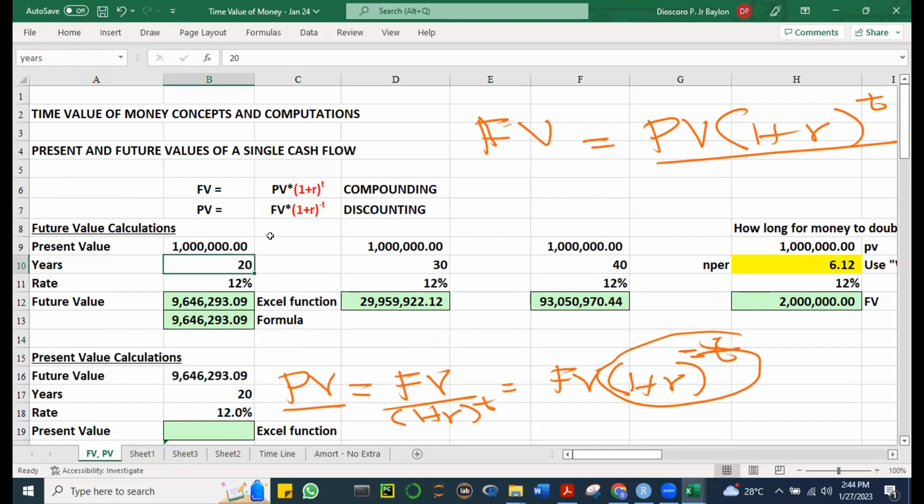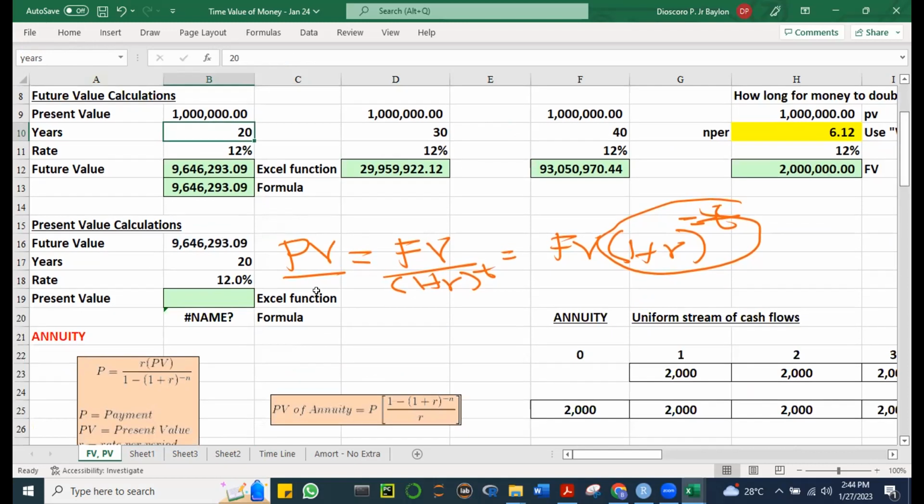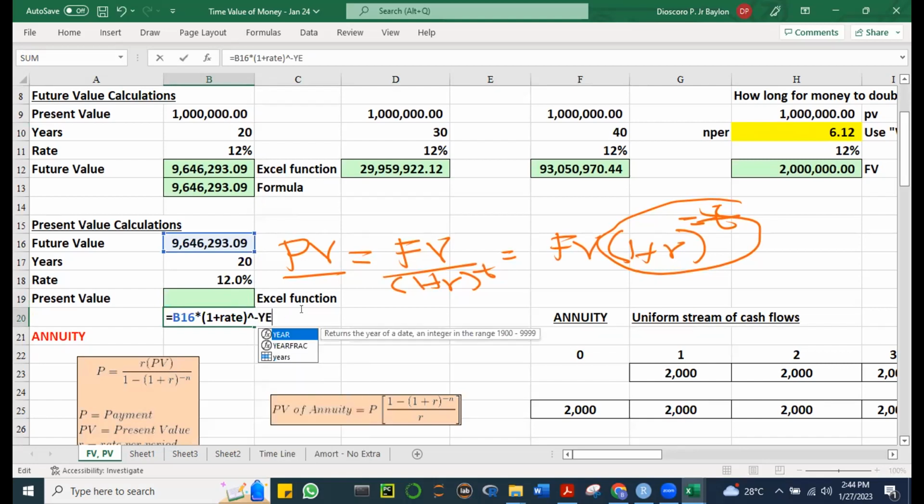You recall the purpose of giving names to cells so that you can use those in formulas and it enhances the computation. Okay, here, years, there.